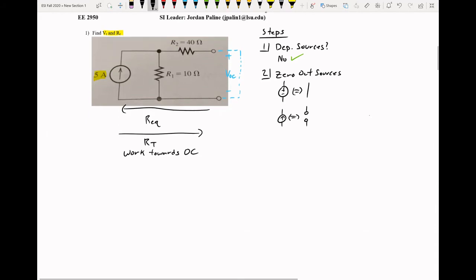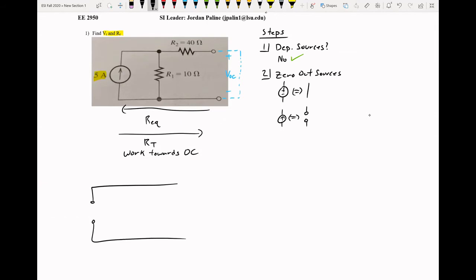So if we redraw our circuit, we'll put everything where it belongs. It's R1, this will be R2, and then plus minus VOC. Now what we did was replace the current source with open terminals.